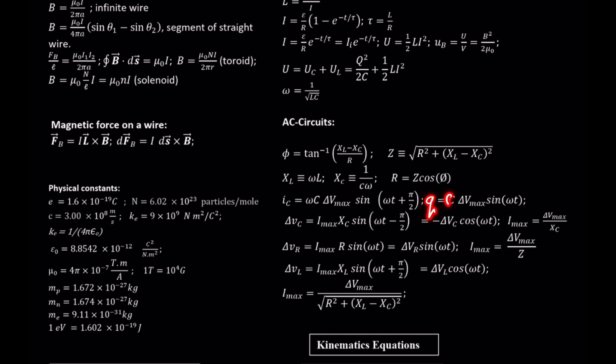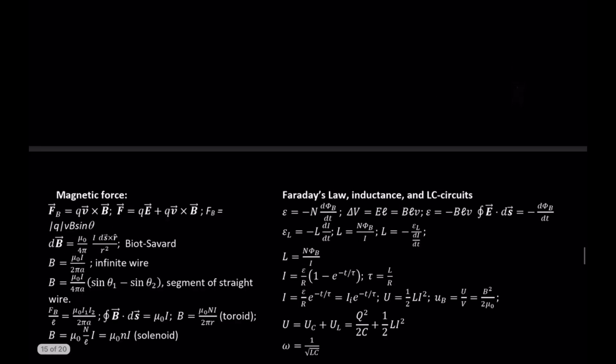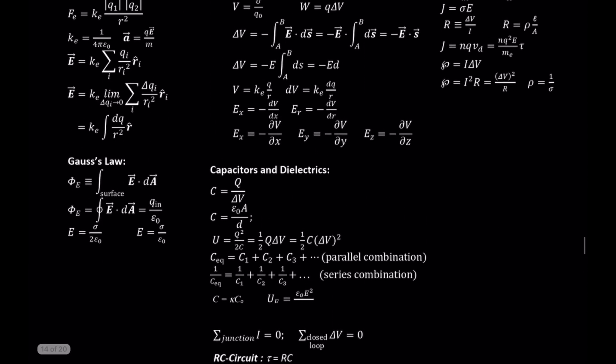We have this one here, which is Q equals C delta V max sine theta. Okay. No need to stress. If you remember the first equation sheet here, when you guys learned about capacitors, you learn about this equation over here. The capacitance is defined as the charge on the capacitor plates divided by the potential difference on the capacitor.